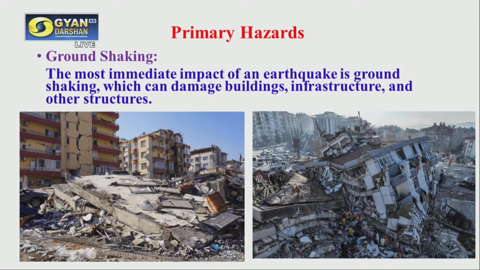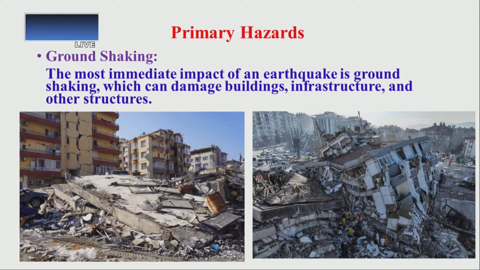Let us see one by one. The first primary hazard is ground shaking. When an earthquake occurs, the ground shakes, and depending upon the magnitude of the earthquake, the severity of that shaking depends. If the magnitude is higher, then shaking will be very strong. If the magnitude is a little less, then the ground shaking will be less. So what is the impact of that ground shaking?